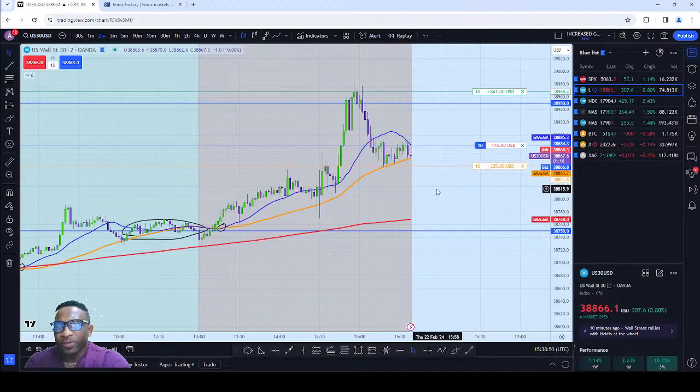So for instance, if the event which we picked or identified is no longer valid, there is no point staying in the trade. That's why we keep our stop loss there, which is the maximum loss per trade. That maximum loss per trade we calculate, that's what we put there.